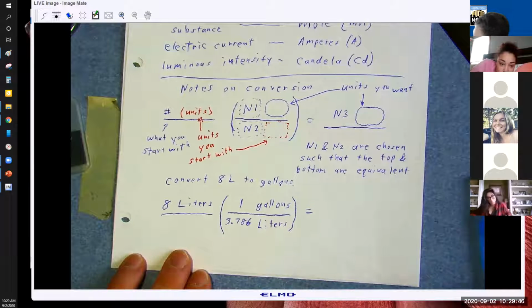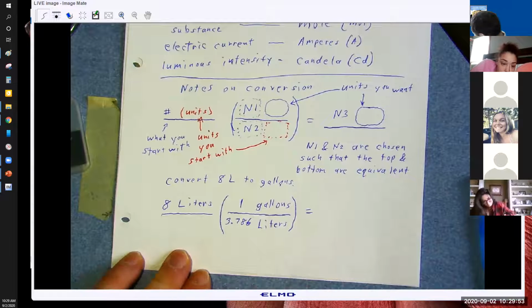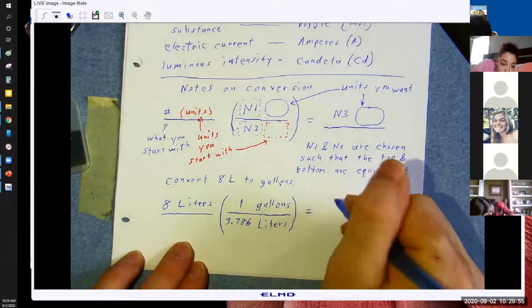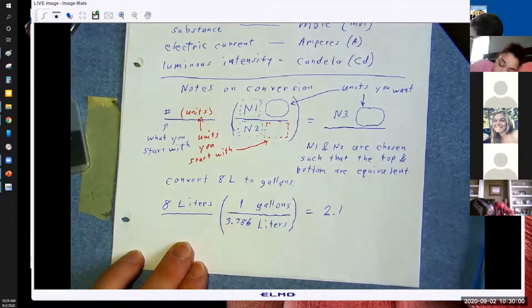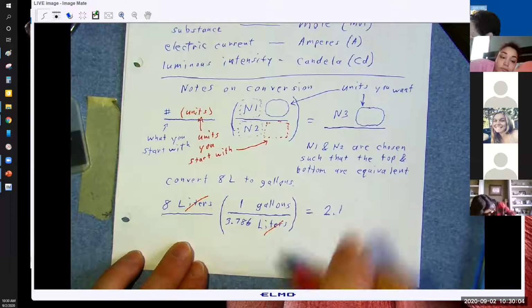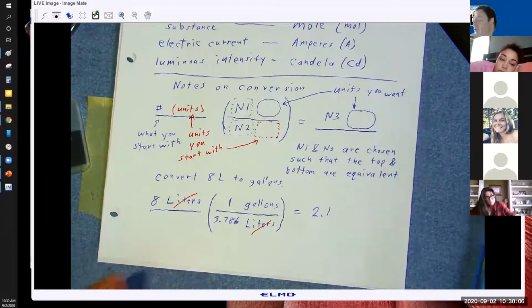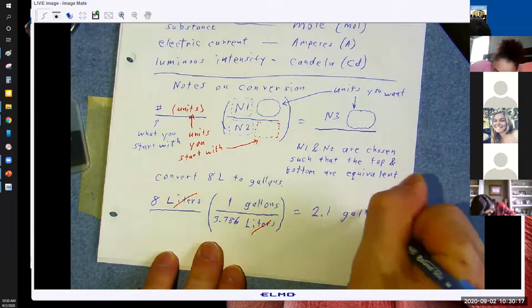Mathematically what happens here is you multiply the 8 by the 1 and you divide by 3.786 and you wind up with 2.1. And liters divided by liters is like 2 divided by 2, it's a 1, right? In dimensions, they cancel out. So liters cancel out and you're left with gallons. So you wind up with 2.1 gallons.